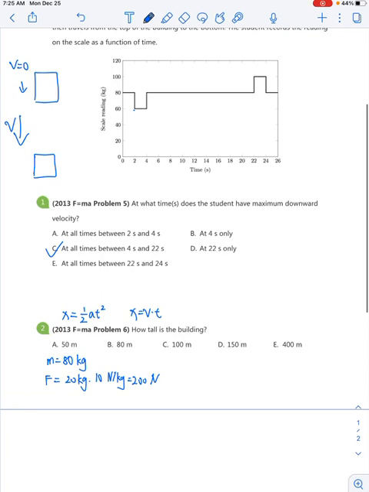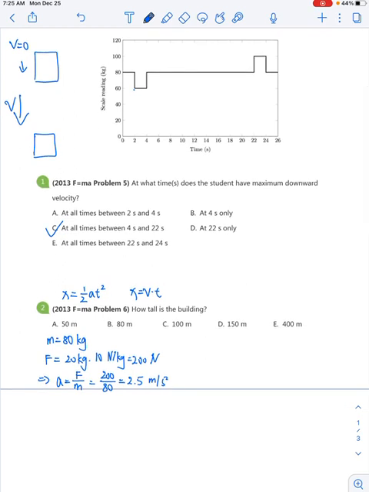Now we can figure out the actual acceleration, which is going to be F divided by m, equal to 200 divided by 80, which is going to be 2.5 meters per second squared. Of course, this will be downward, and we know the elevator is actually going downwards.